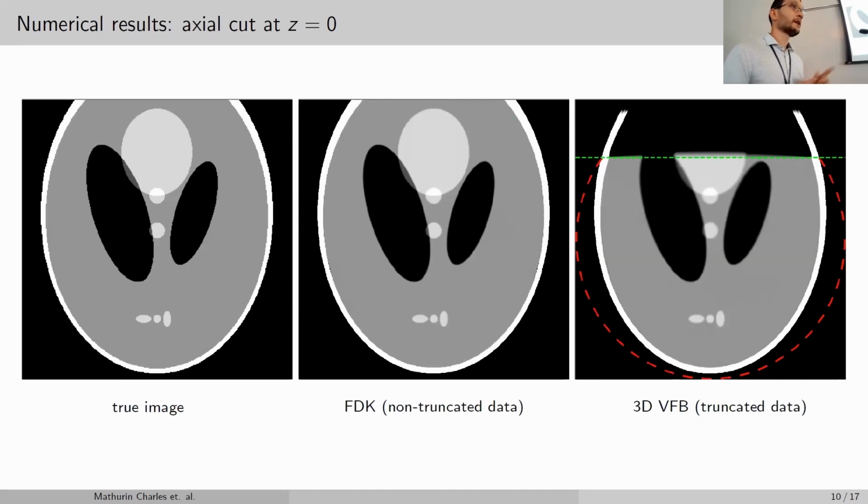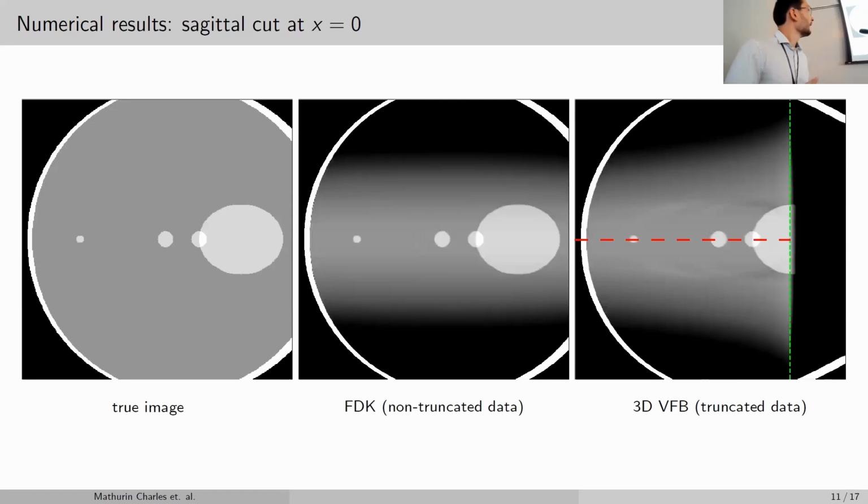We compared our result with the FDK in the case of non-truncated data. For the axial slice, we can see that in the region of interest, we have a very similar and good result. If we move to the sagittal slice, we can see that for both FDK and our 3D virtual fan beam formula, we have an intensity drop away from the midplane, and that it is slightly different between FDK and our formula.